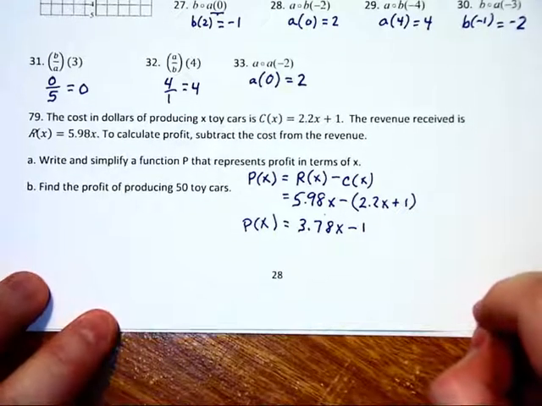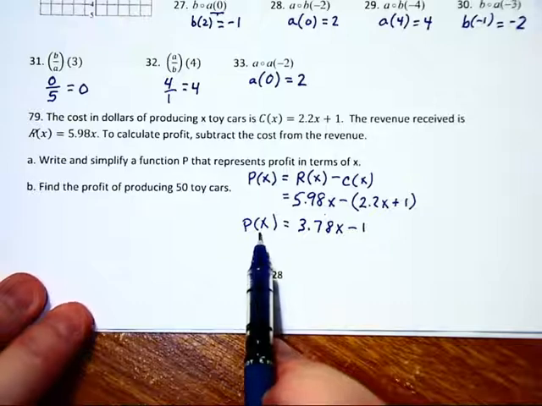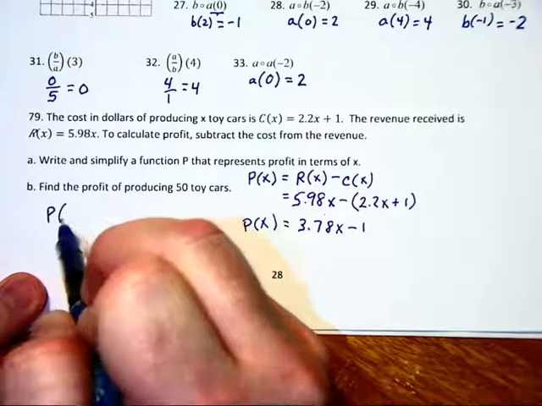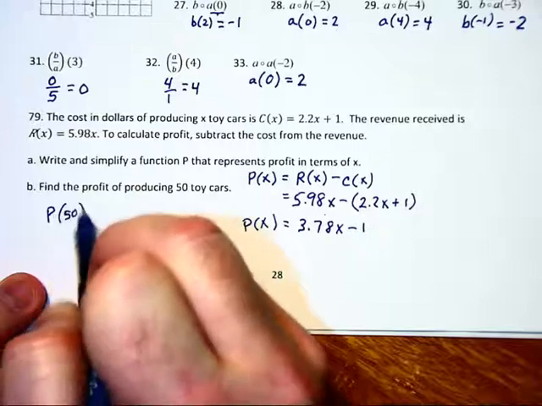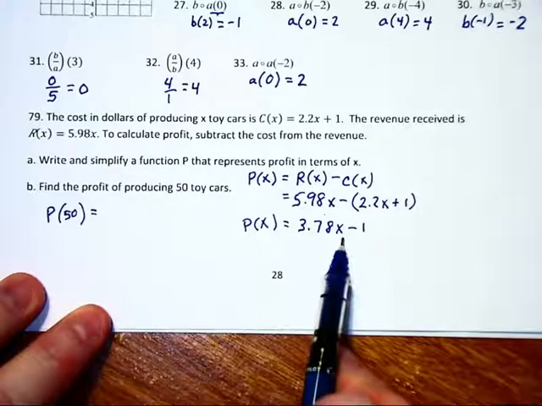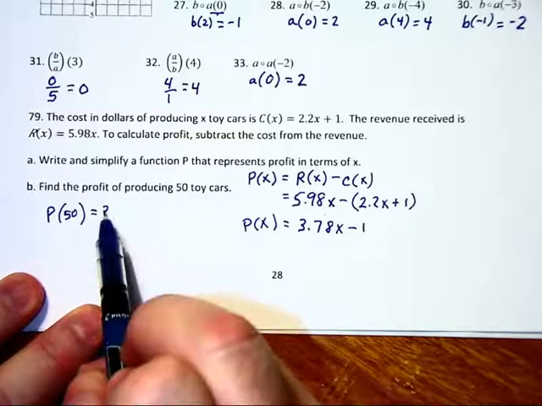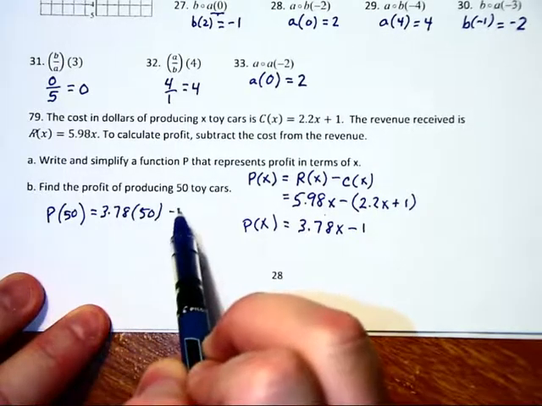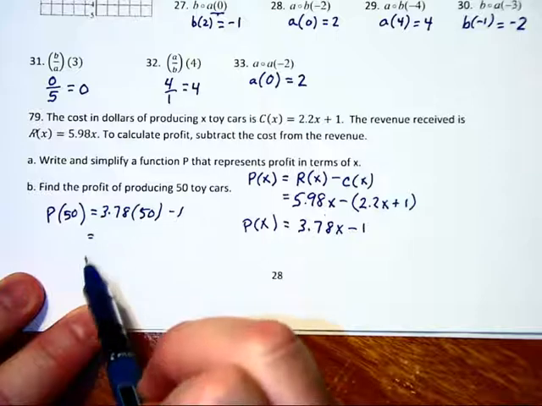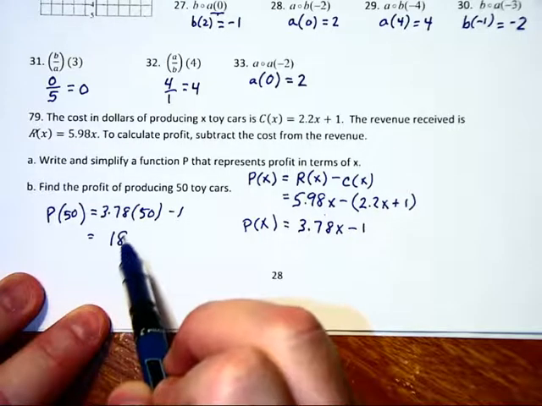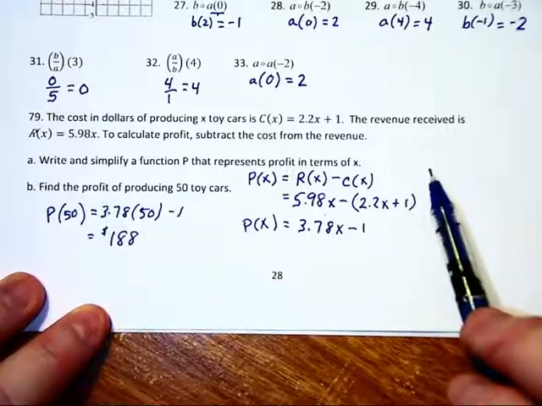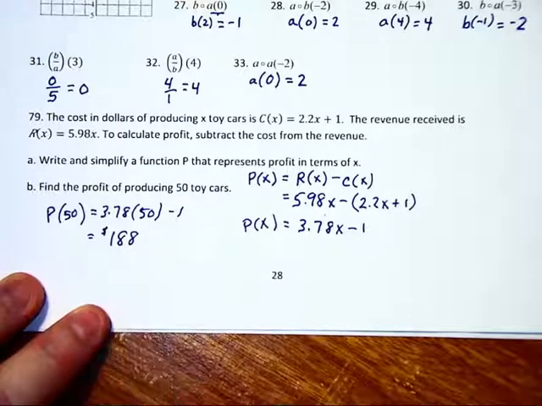Then it's asking us to find the profit when you have 50 cars. So part B, P of 50 will equal 50 substituted into this function, so 3.78 times 50 minus 1, which I've already done on a calculator, which comes out to be 188, and this problem is in dollars, and so that becomes the answer to this problem.